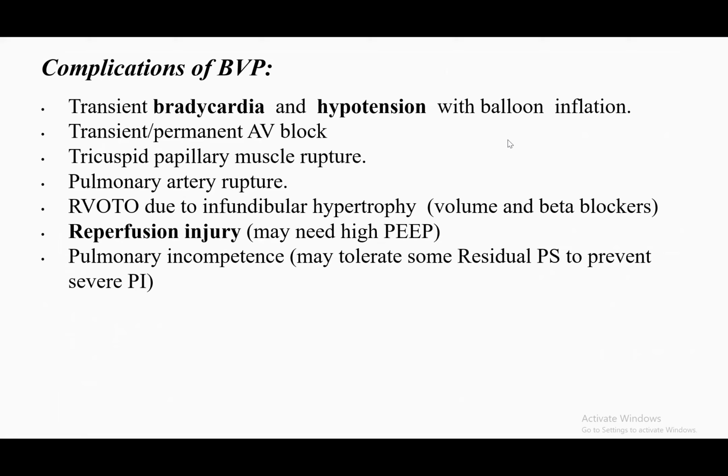Pulmonary artery rupture causing pericardial effusion. RVOT obstruction due to infundibular hypertrophy: if pulmonary valvular stenosis is associated with a subvalvular infundibular stenosis, and you relieve the valvular stenosis, that is the afterload faced by the infundibulum, so the infundibulum may collapse.